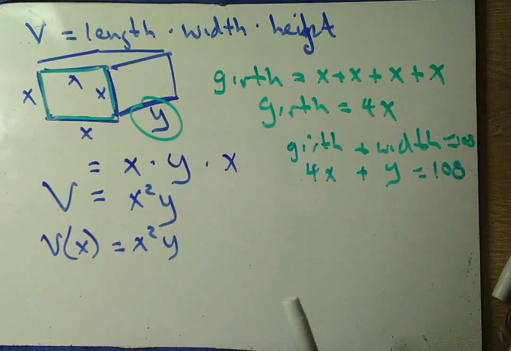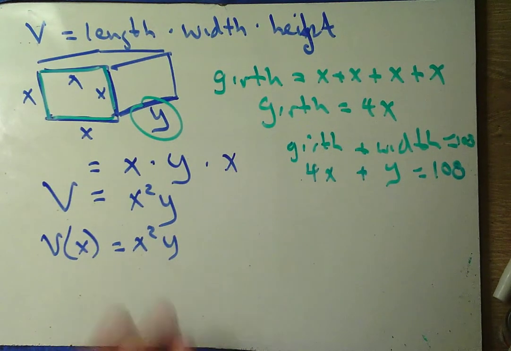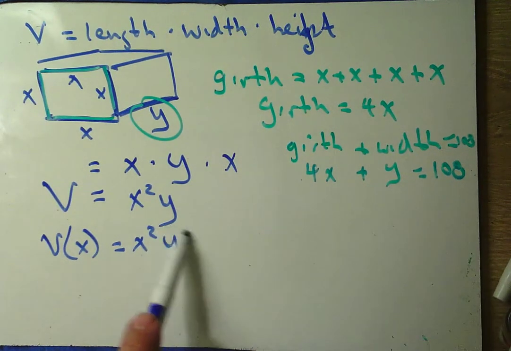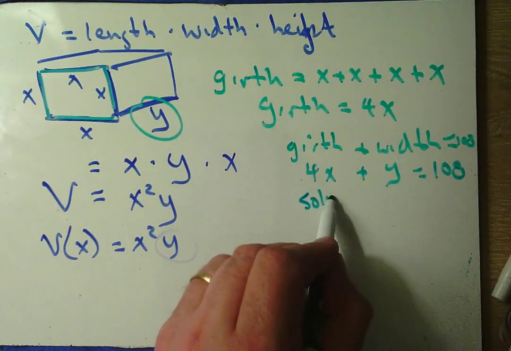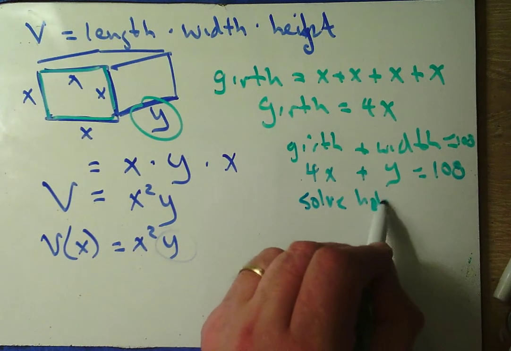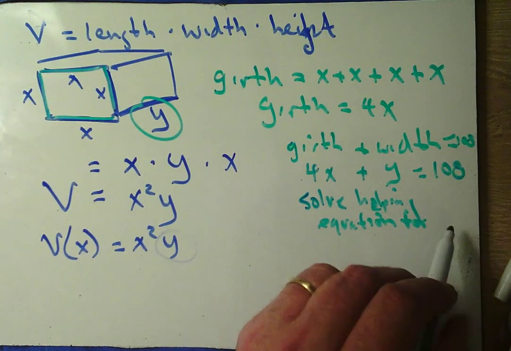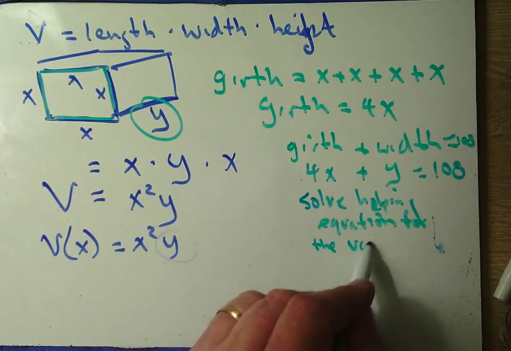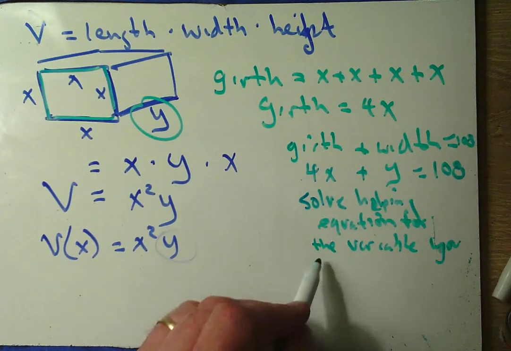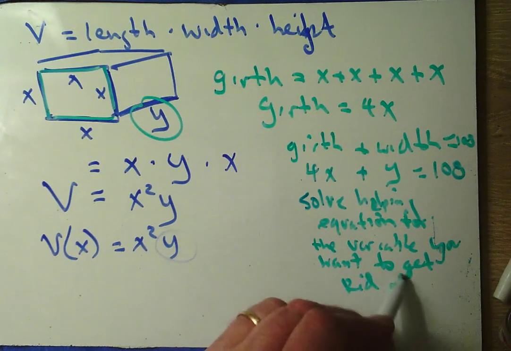Now, how do I use that helping equation to rewrite volume so that it's only in terms of one variable? Well, I notice here that this y needs to go. So if I need to get rid of y, I want to solve the helping equation for the variable you want to get rid of.